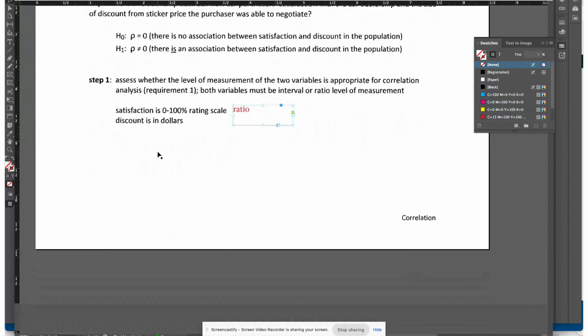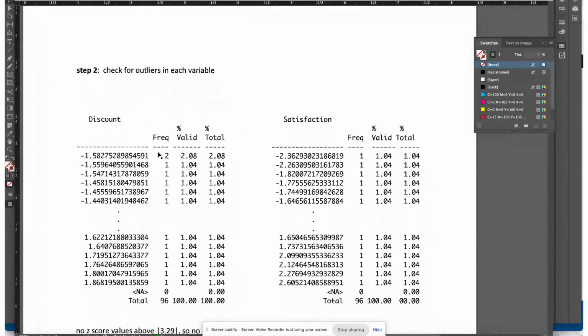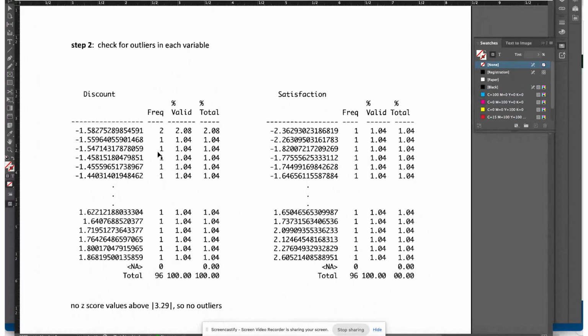Now let's look at step two. We're going to check for outliers in each variable. Now there are lots of data points there, and so I only included the top 6 and bottom 6.